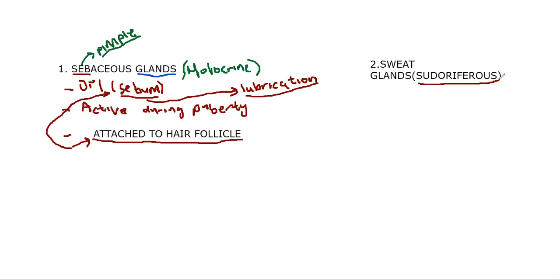Exocytosis. Exocytosis is the process by which the vesicle releases its contents. What is the method of secretion that is used by sweat glands? Merocrine. Merocrine. Thank you.